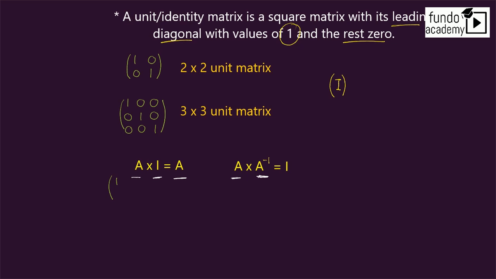Let's have an example for what we're talking about. If you have your matrix 1 2 3 4, that's a 2 by 2 matrix, multiplying it to a unit matrix. Remember, the matrix 1 0 0 1 is our 2 by 2 unit matrix. Then you're still gonna get the result as the matrix 1 2 3 4.